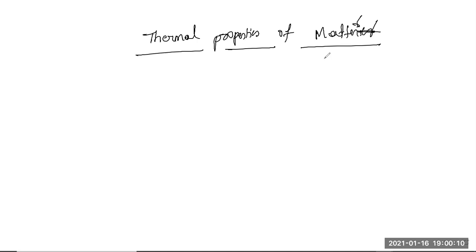So when you heat something, how the changes happen in the material. Yeah, that is the exact definition. Thermal properties are the properties of the material when you apply heat or change the temperature of the material, how the material behaves. That is what we are going to study. Whatever you said is the right definition.